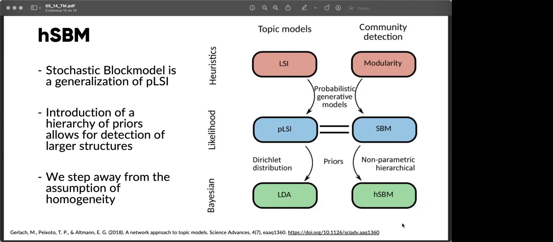So more sparse, or on the other hand, small and interconnected topics, and topics that are differently distributed in the data. By introducing that hierarchy, we see different topics, and we can also take into account that topics may come in different sizes, in different shapes, and so on.